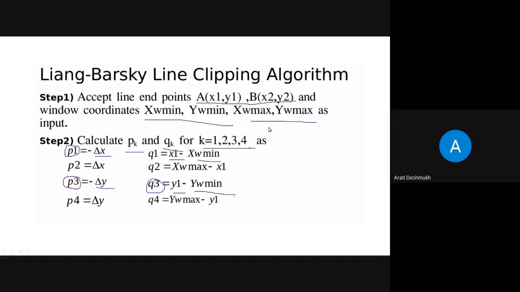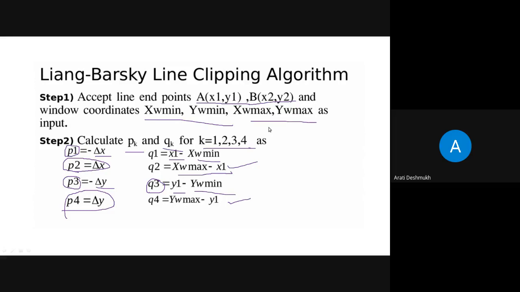Same. Just in P1 and Q1 use the x value, but in P3 and Q3 use the y value. P2 is delta x, P4 is delta y. Q2 has xw max minus x1 and Q4 has yw max minus y1. Same values but in the form of x and y.